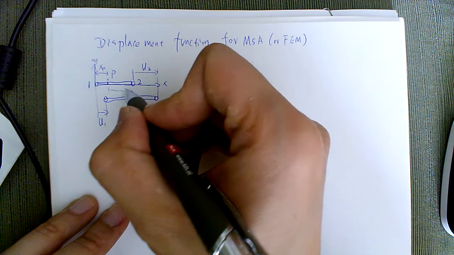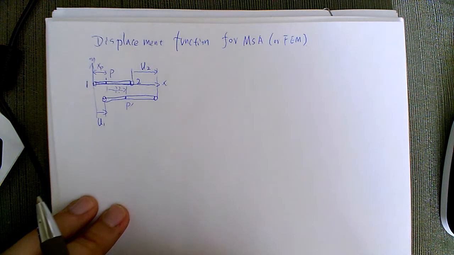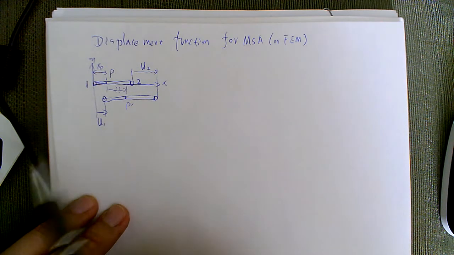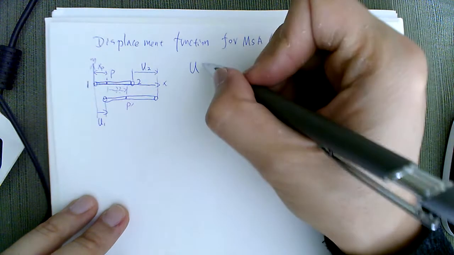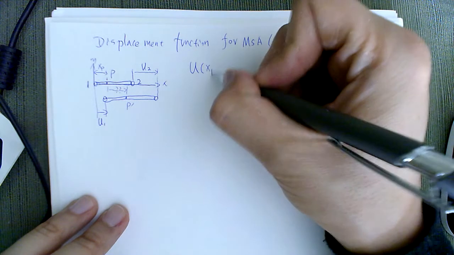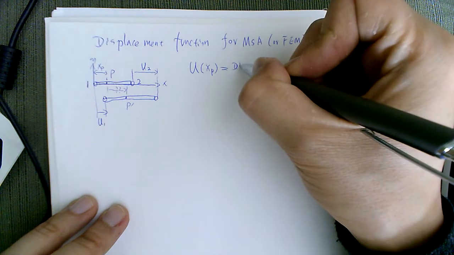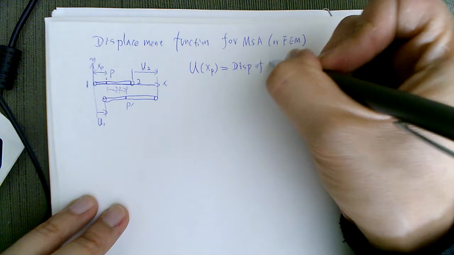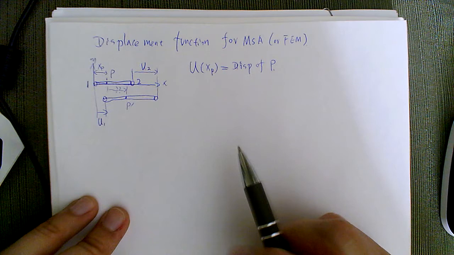Can you tell me what this is if I tell you what u1 and u2 are? So you basically want a function u, and if I input xp here, it's going to tell me the displacement of point P. Great. Okay, so how do I do that?